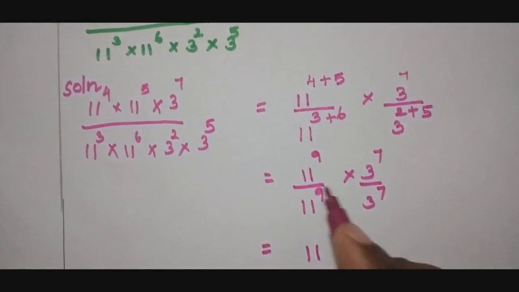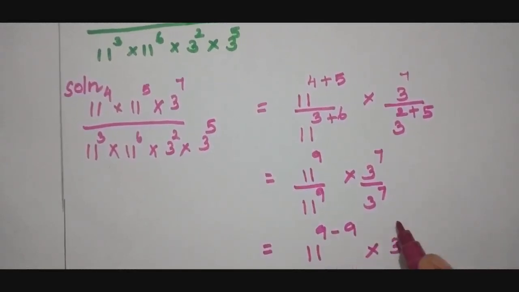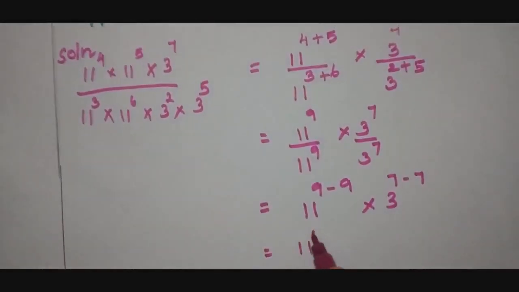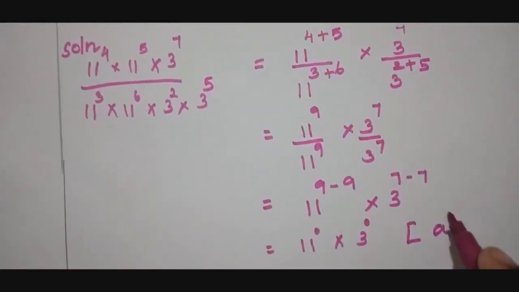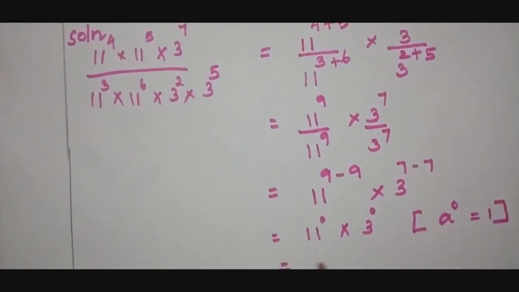Now 11 power, this is in division, so you should subtract the powers. 11 power 9 minus 9 into 3 power 7 minus 7, which is equal to 11 power 0 into 3 power 0. So you know very well that anything to the power 0 is 1, which is equal to 1 into 1.